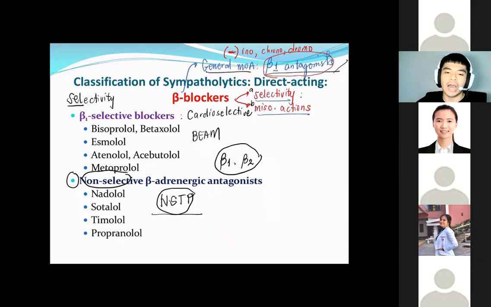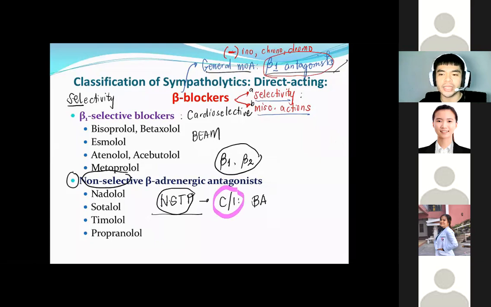Regarding non-selective beta blockers, meron silang major contraindication. Ang NSTPs ay bawal sa mga taong may bronchial asthma. I repeat, use of NSTP is contraindicated to patients with bronchial asthma. Para malinaw, siguro medyo bago sa inyo ang term na contraindication.